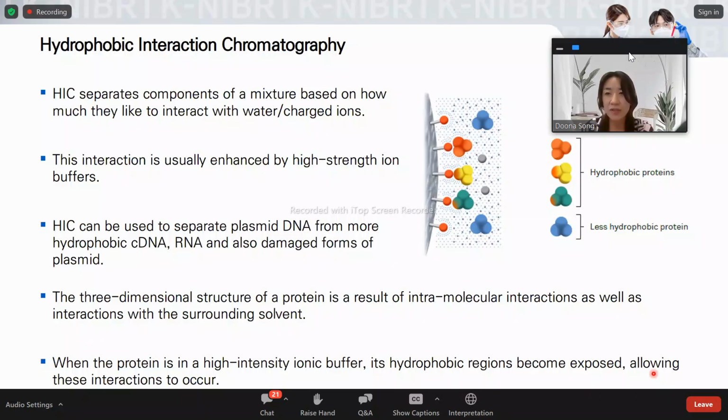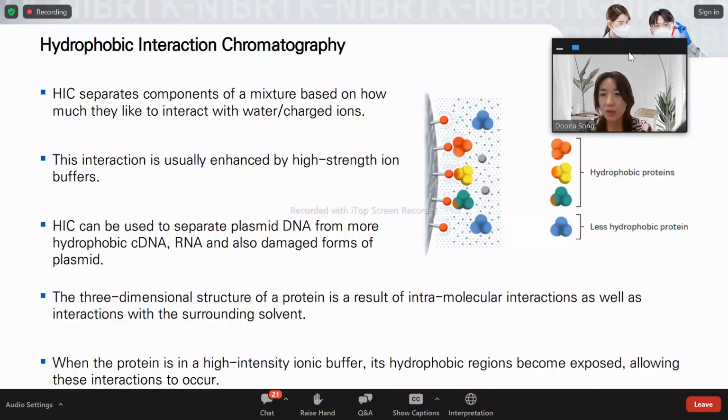HIC is generally used to separate proteins and other hydrophobic molecules. The three-dimensional structure of the protein is influenced by interaction with the molecule and with the surrounding solvent, like water. For a protein, this solvent is water.